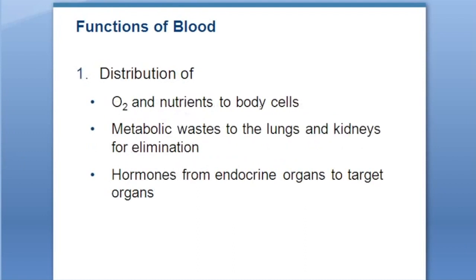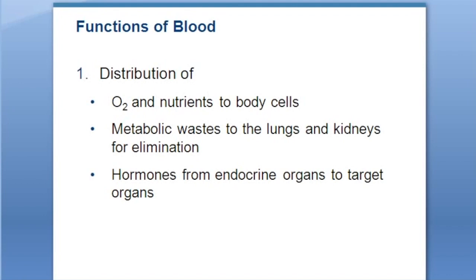The next functions can be grouped together under the main term of regulating, or maintaining homeostasis. See, the people that read the book already know this because it's in the book.